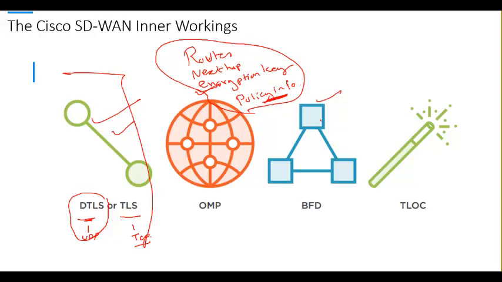When we enable BFD with OSPF, OSPF can be faster in convergence because BFD is going to give the assurance if there is a path broken. BFD guarantees OSPF that it is truly a path broken, you can take another path.